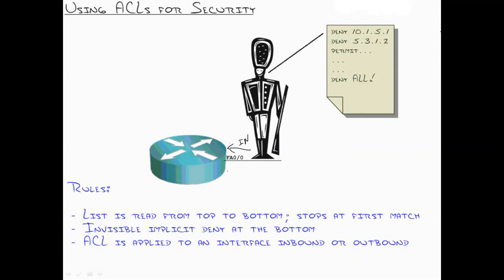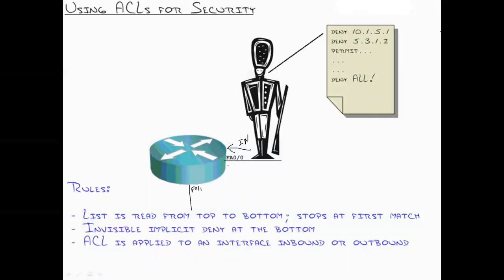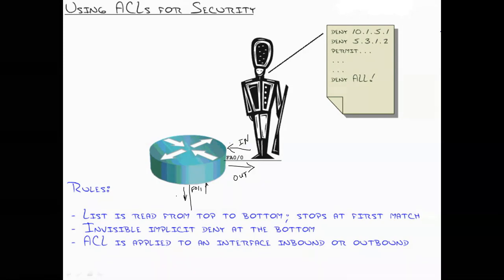Let's say this is another interface you have, and some traffic passes from here. The traffic exiting from this interface is called outbound. Similarly, on this interface, traffic coming from this direction is inbound, and traffic leaving this interface is outbound. In, in, out.